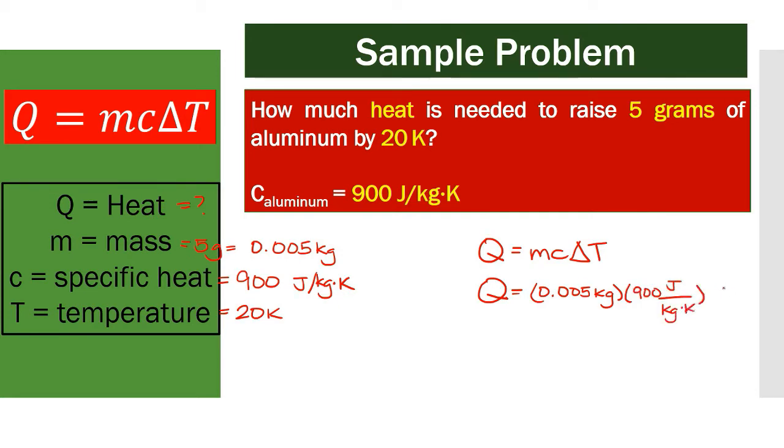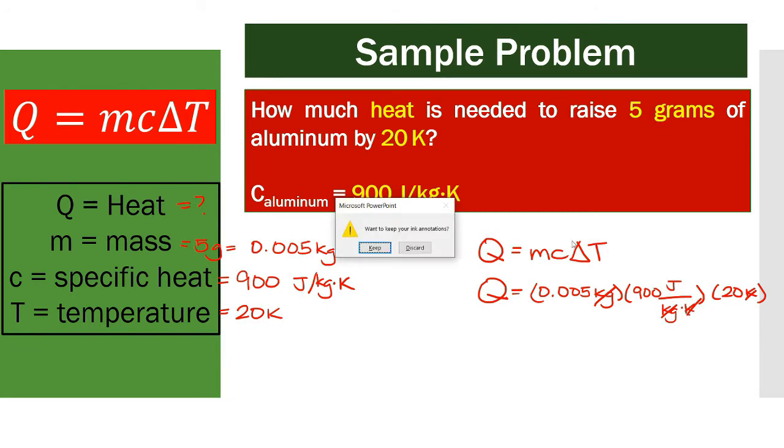And finally, the temperature is given to be 20 Kelvin. So if we actually look at the units, they cancel out pretty conveniently. And we're just going to be left with joules, which is sensible since it is the SI unit for heat or energy.